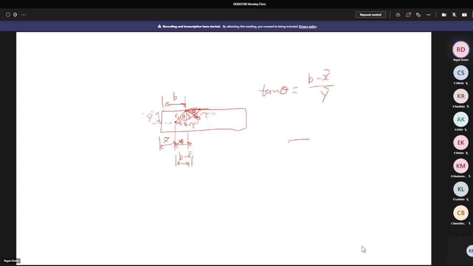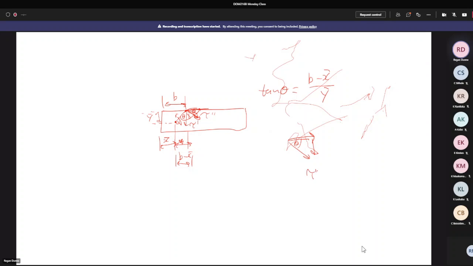So if we have our secondary shear with this angle, we're going to break it into these two. Okay, so I'm going to break it into those two components, opposite.